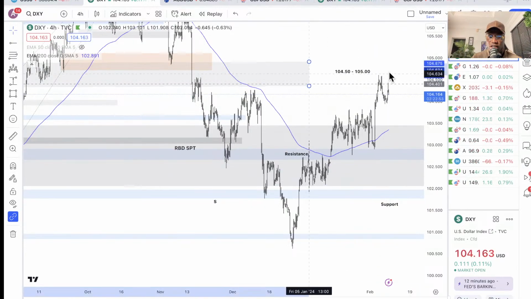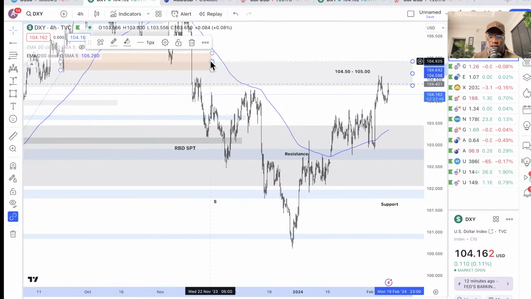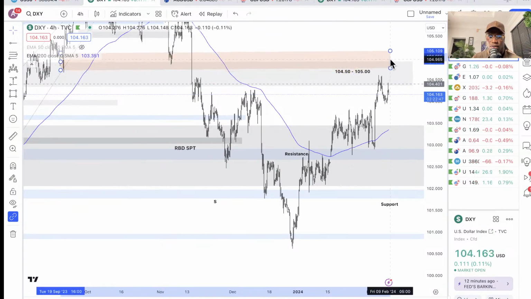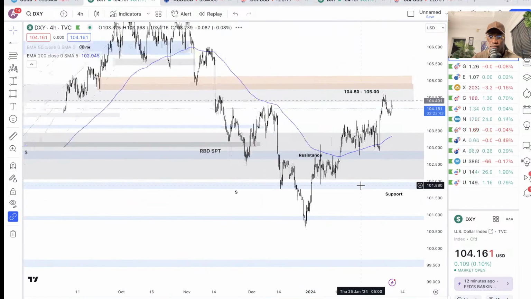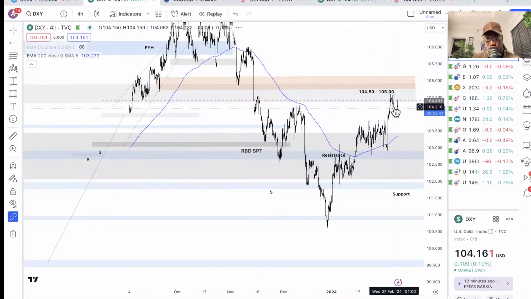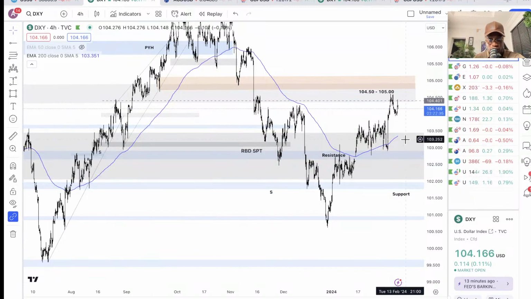I'm just going to extend this and also extend this as well. So I believe this recovery to be short term. And I expect the dollar to be rejected here and even push back downwards, right? The one factor that has been supporting the value of the US dollar was the anticipation.